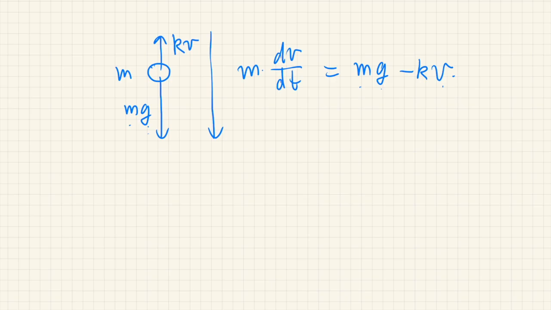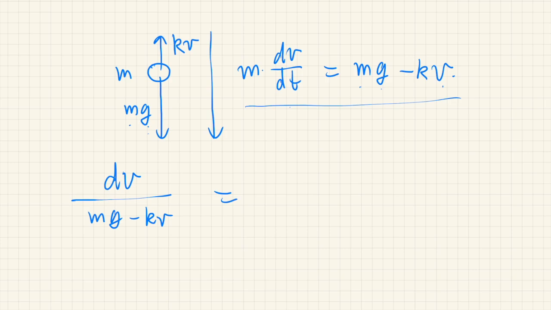So this is a differential equation of separable form. So let's try to solve it. Okay, so let's separate them, and from here we get dv over mg minus kv equals dt over m.